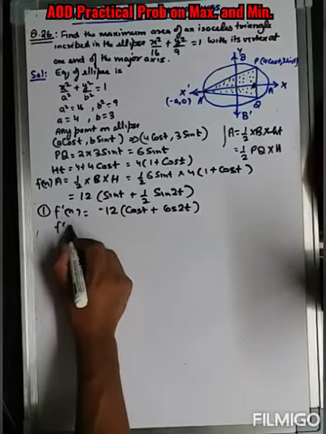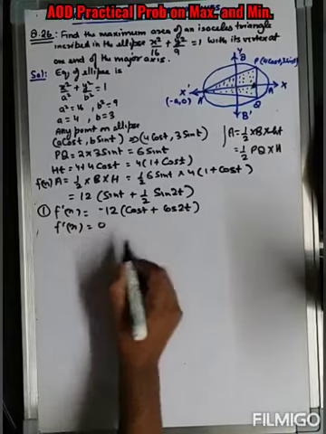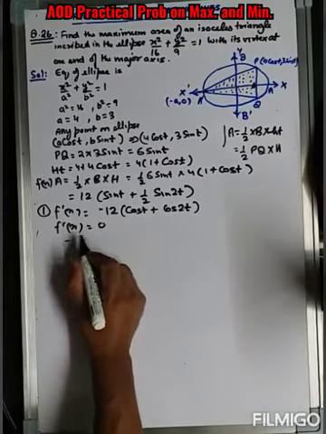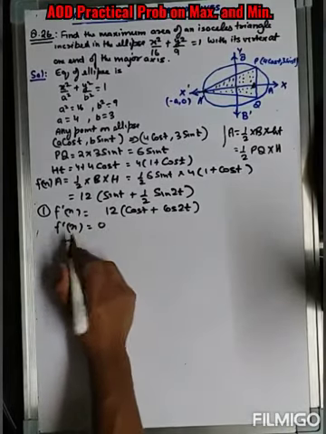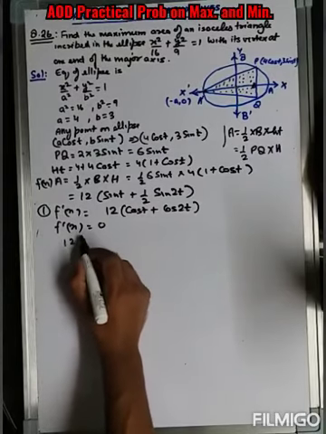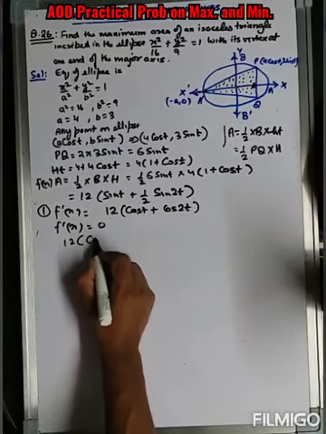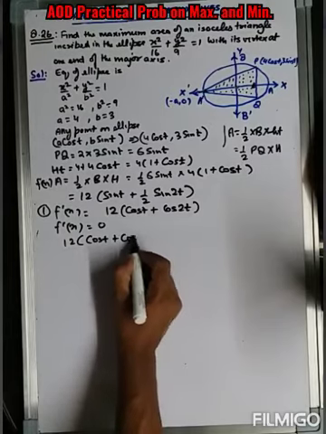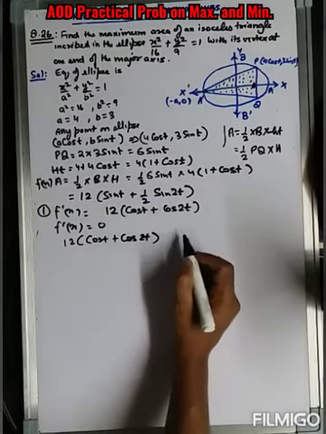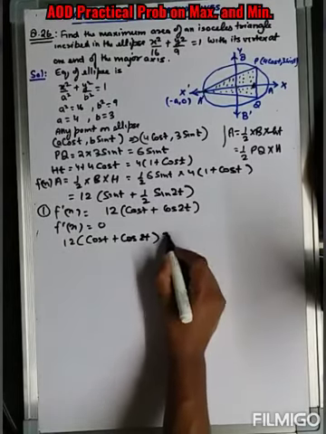Put this value equal to 0. So 12 times cos t plus cos 2t equals 0.